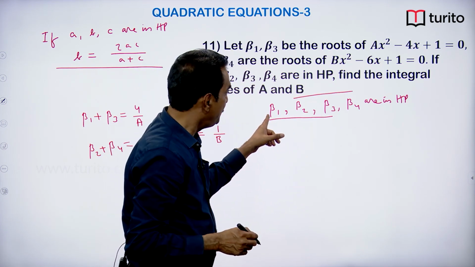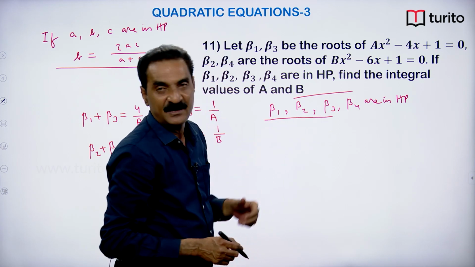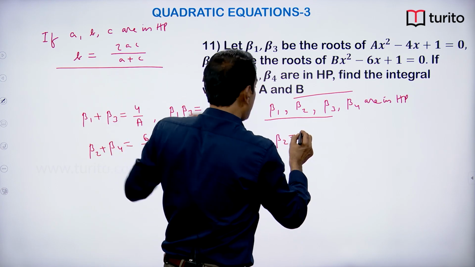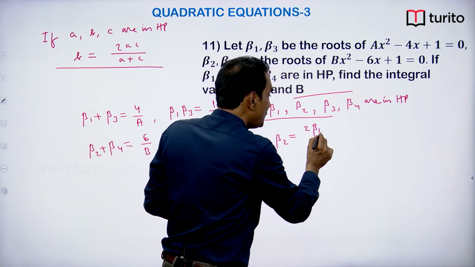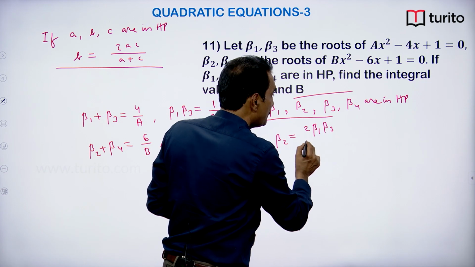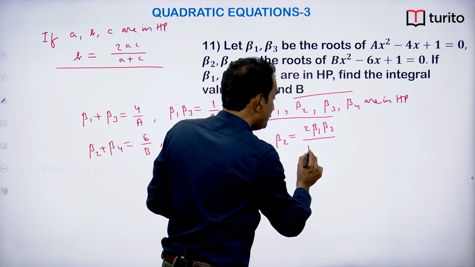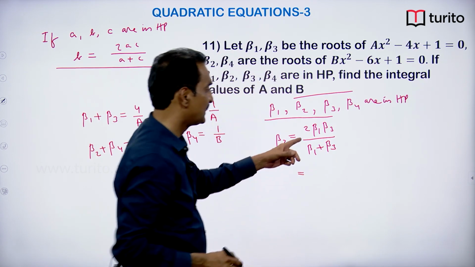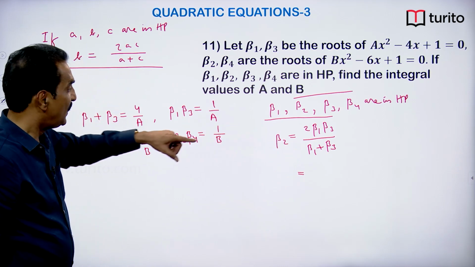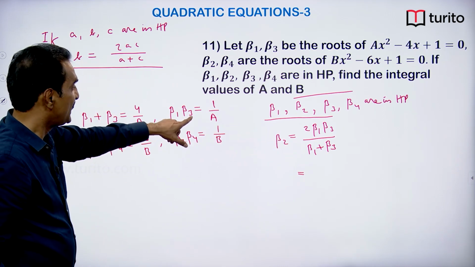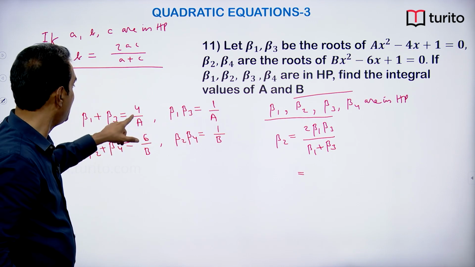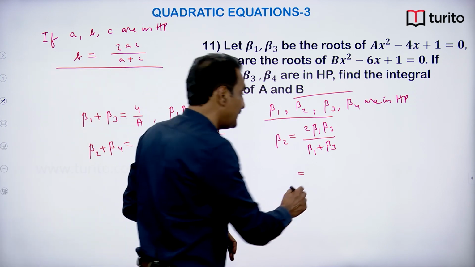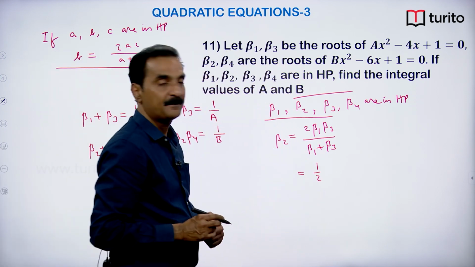If beta 1, beta 2, beta 3 are in HP, then beta 2 is equal to, according to this formula, 2 beta 1 beta 3 by beta 1 plus beta 3. Is it not? What is it? Substitute here. Numerator is 2 by A, denominator is 4 by A. 2 by A by 4 by A will be 1 by 2.